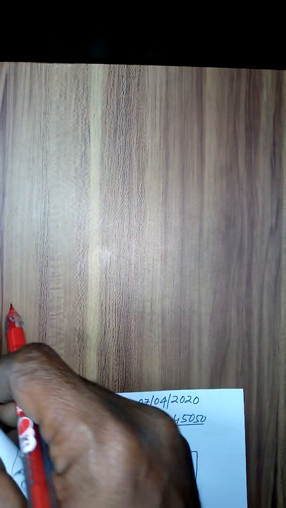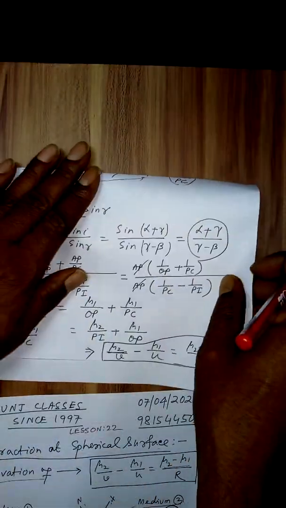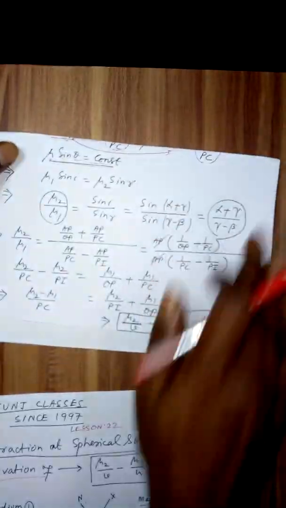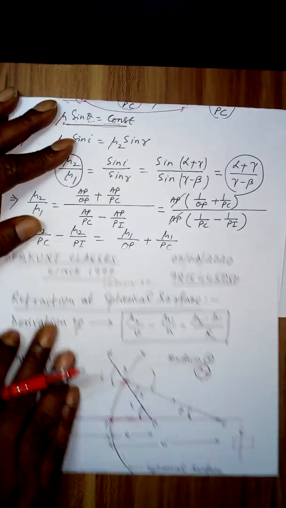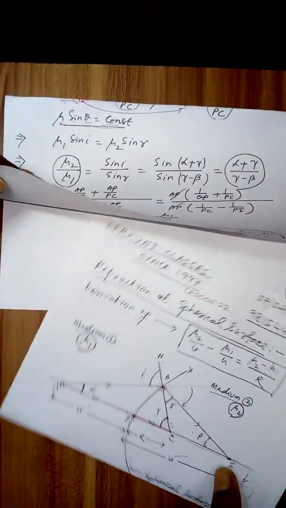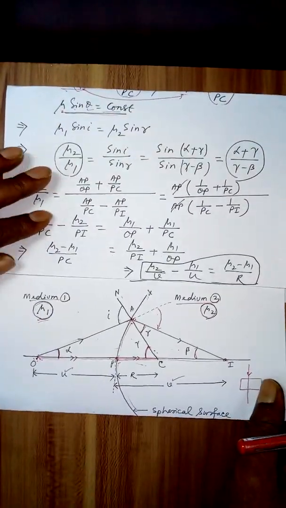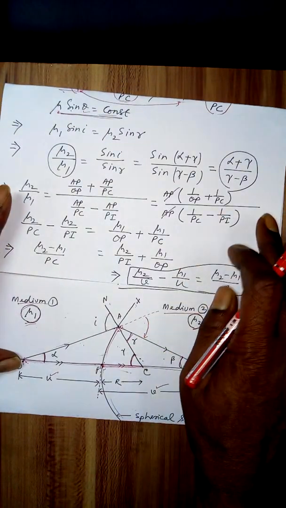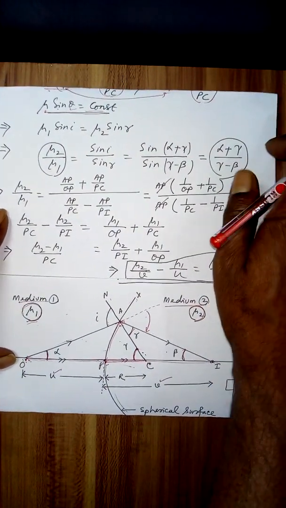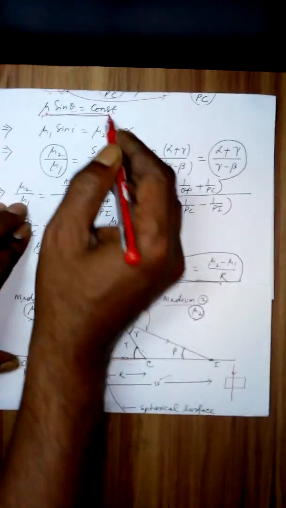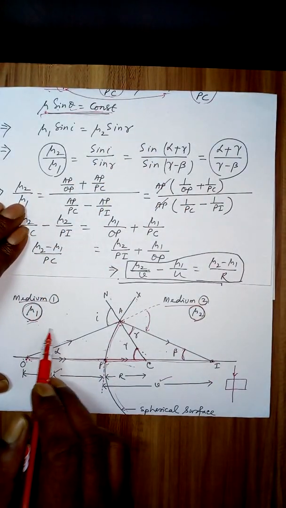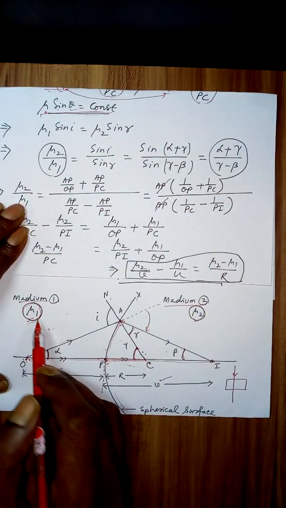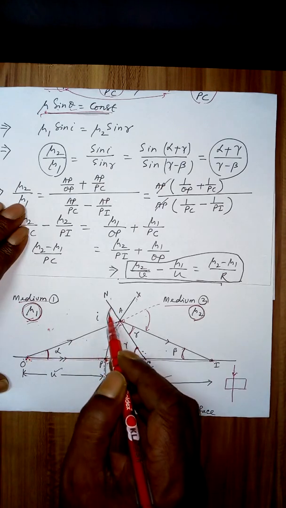So using this concept, mu sin theta is constant. For this medium, mu is mu1 and angle of incidence is i.